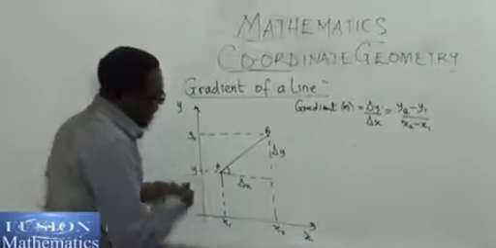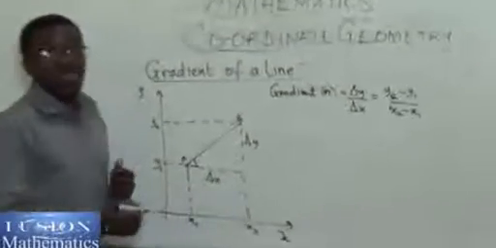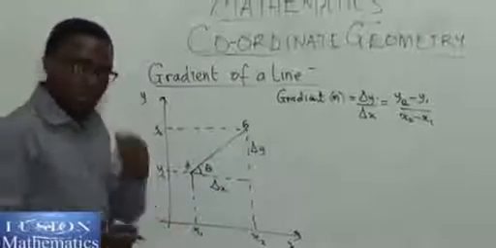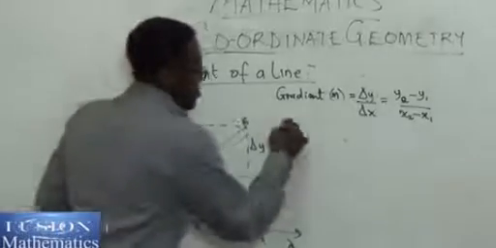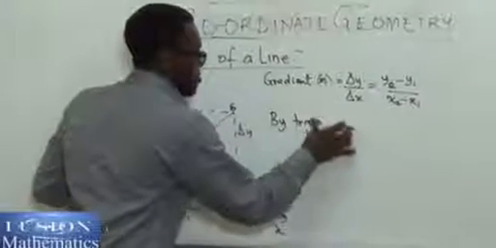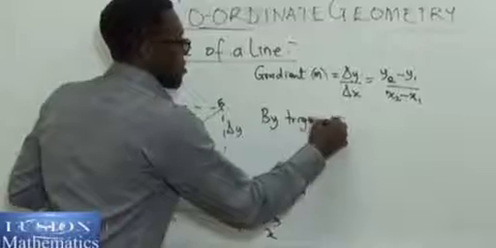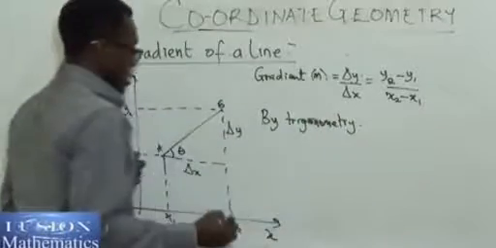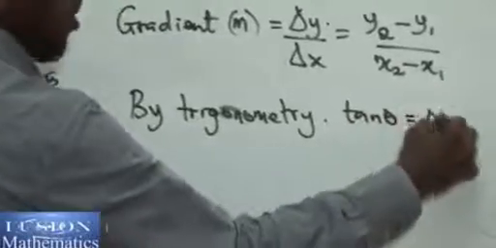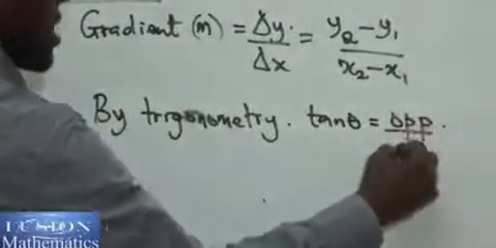If we have an angle here and we represent it with theta, now by trigonometry, our tan theta is equal to opposite over adjacent.